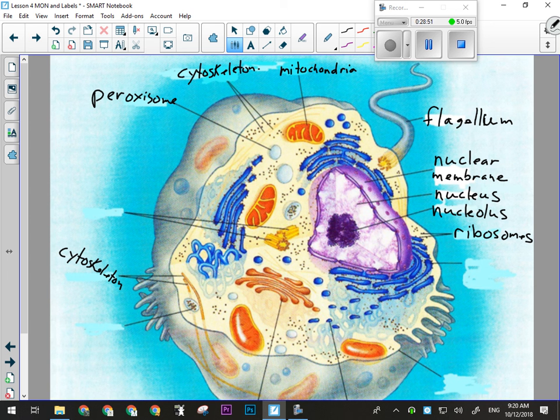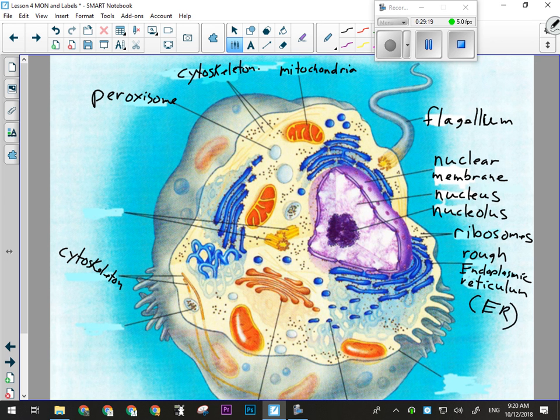Okay, the structure here that you very often find around the nucleus, okay, that has all these little dots on it, is called the rough endoplasmic reticulum. You can abbreviate that ER, so rough ER.